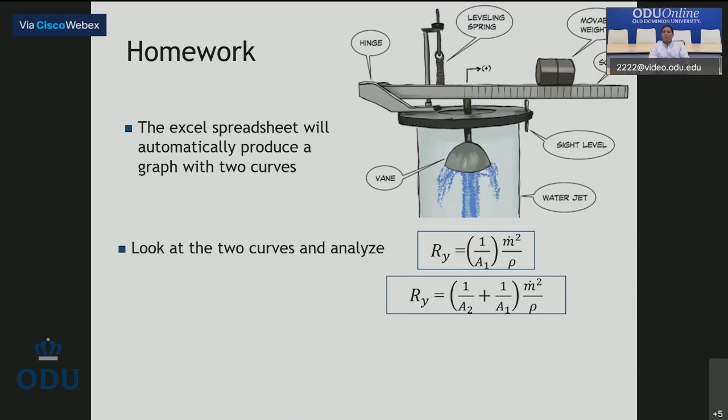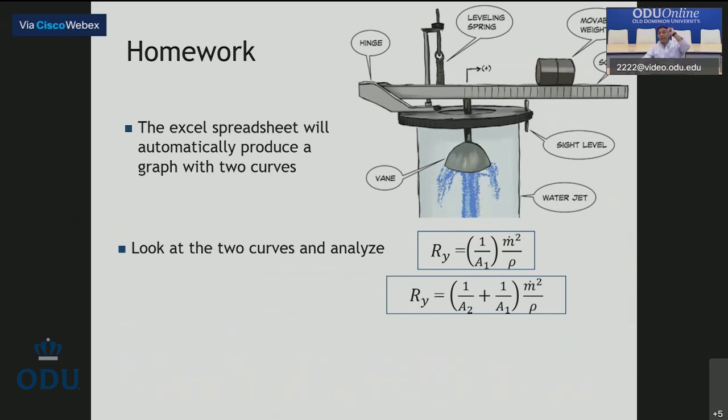Are they correct? Remember, we are expecting the hemispherical vane to have larger forces for the same amount of mass flow rate. Is that true? Go ahead and check experimentally. That's what we're expecting, okay?